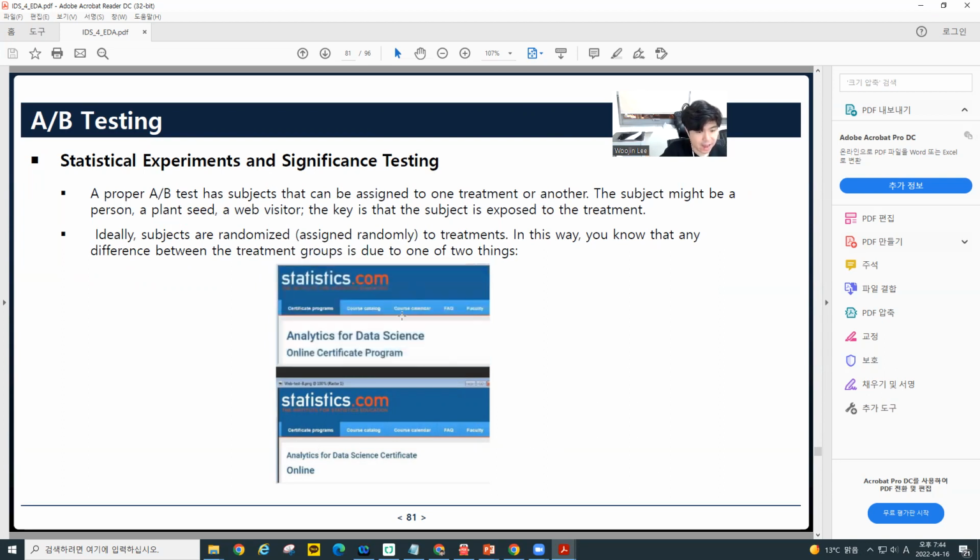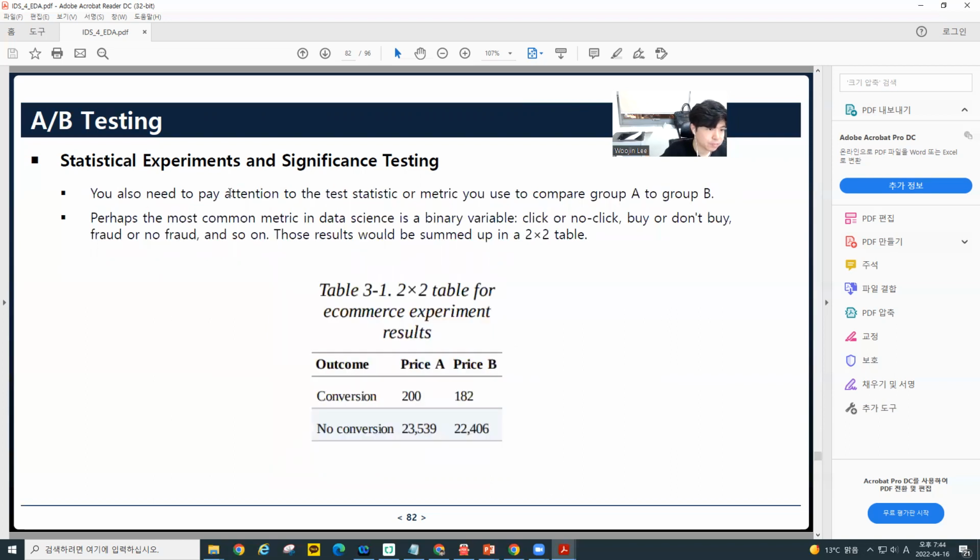We can call this A and this B, and we want to determine which design is better for getting customers to click on the homepage. We can pay attention to the statistics of a binary variable, which is click or non-click, buy or didn't buy, fraud or no fraud.